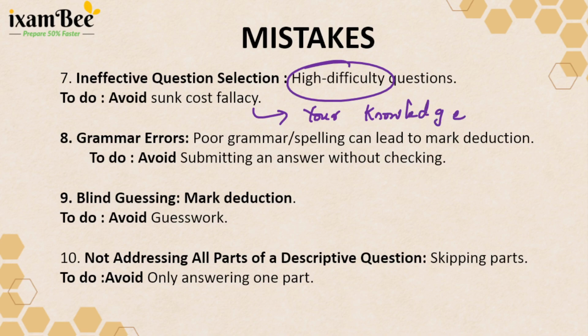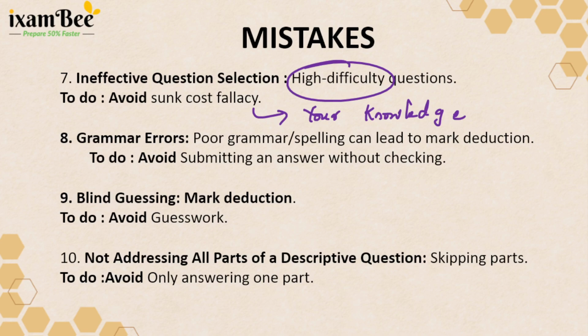Coming to the next mistake that students mostly make here is grammatical errors. Whenever you are writing an answer, you should ensure that you're writing it with proper structure. That is important. Along with this, you should use better grammar.